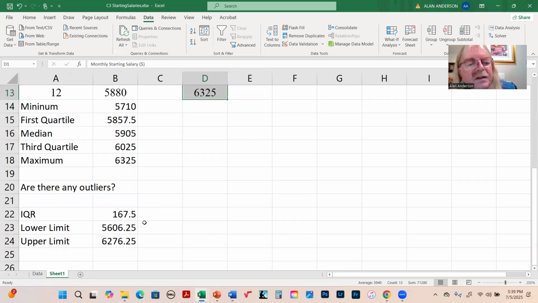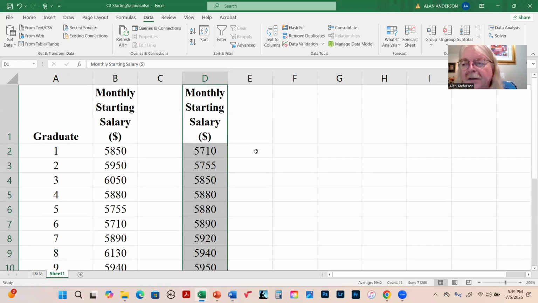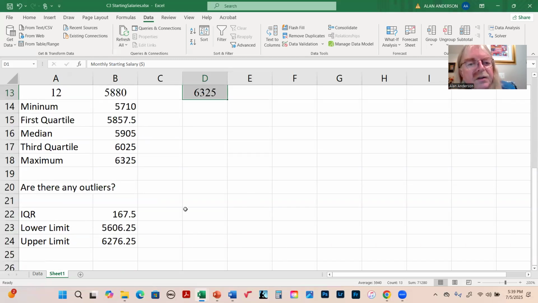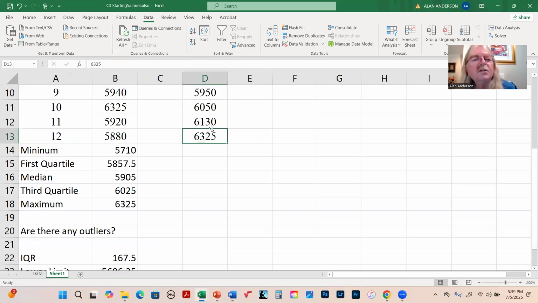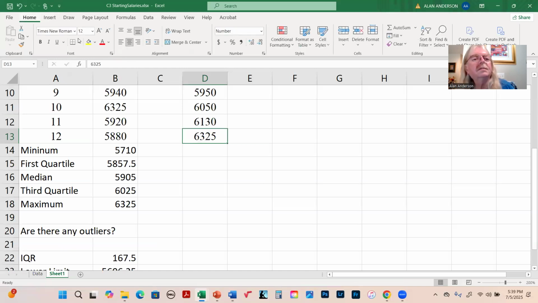So the lower limit is 5606. We don't have any outliers that are too low. 6276 right here, this one is an outlier.